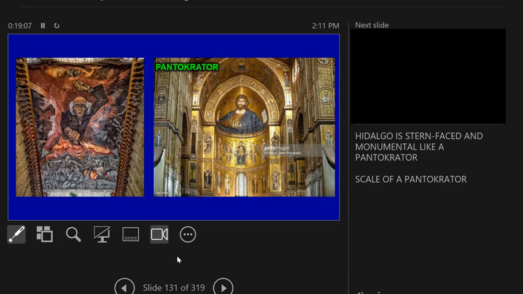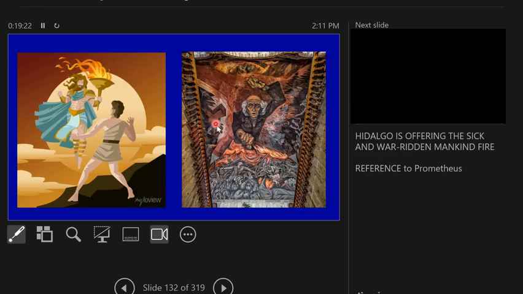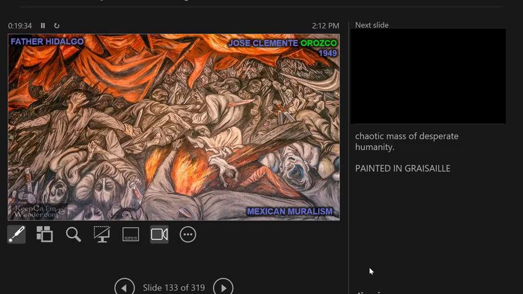And also, you can compare it to the Pantocrators of the Byzantine era for its size and the stern-faced look on the face of the figure. And then Hidalgo is offering the sick and war-ridden mankind fire down here, which is much like Prometheus did for man over here. At the bottom, you have all these writhing people. It's a chaotic mass of desperate humanity, and they're all painted in grisaille, which is painting in black and white.